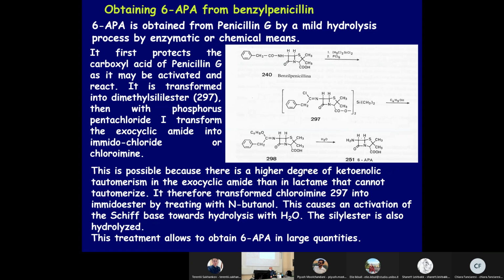So no resonance, but thanks to the presence of this mobile proton, we can have the enol form with OH, and so we can introduce the chlorine atom, a halogen, to activate this carbon atom in order to have a more potent positive charge on this carbon atom, and then we introduce normal butanol and then water.